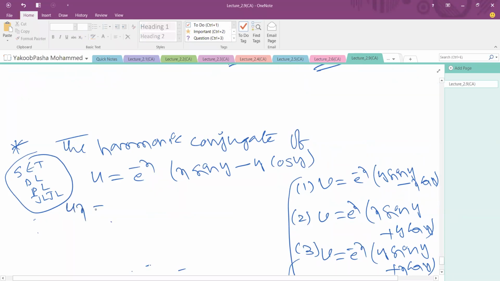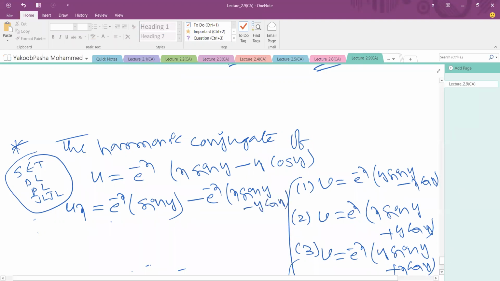ux is equal to e power minus x into sin y, only sin y, okay, plus x sin y, e to the power of minus x into (x sin y minus y cos y).